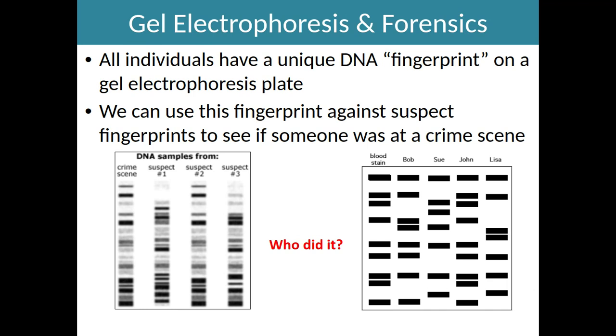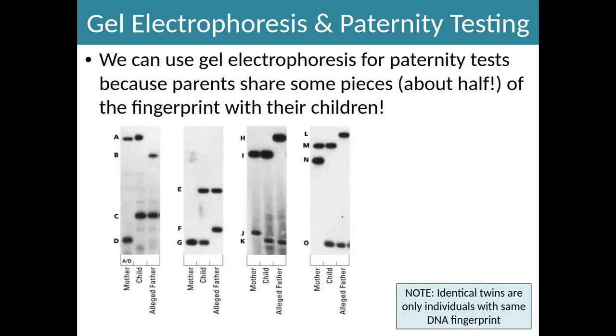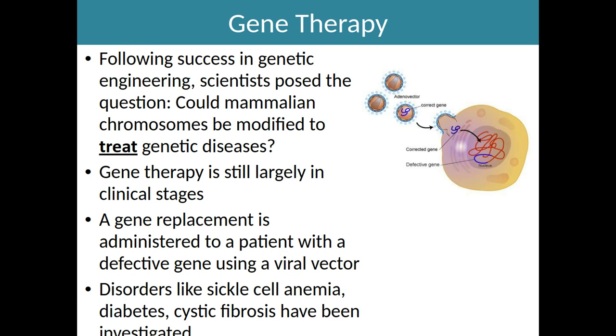The last thing I want to quickly jump ahead to, and there is no video on this at all in the other section, is gene therapy. Gene therapy is something that has arisen to help treat genetic diseases. It's very much still in its clinical stages at this point. There's a lot that has to go into it and a lot of testing, and obviously we don't do a ton of testing on humans.